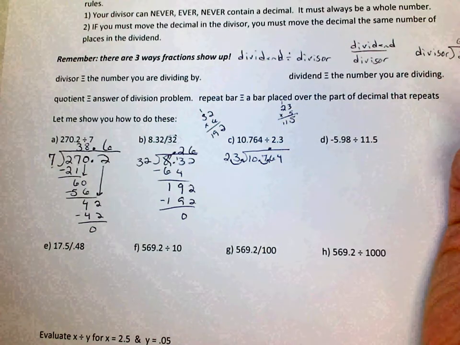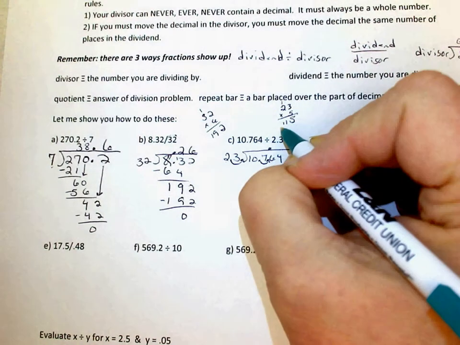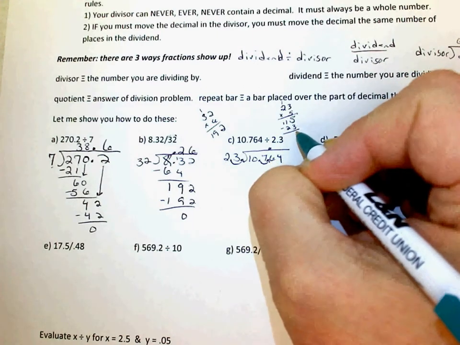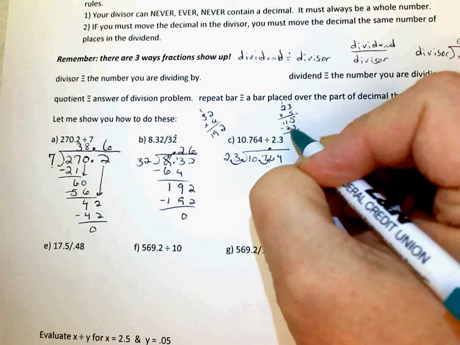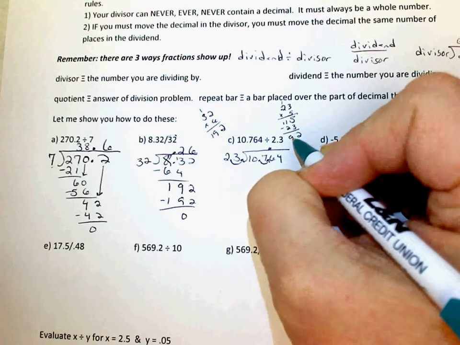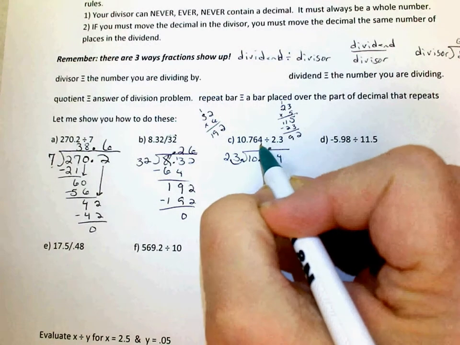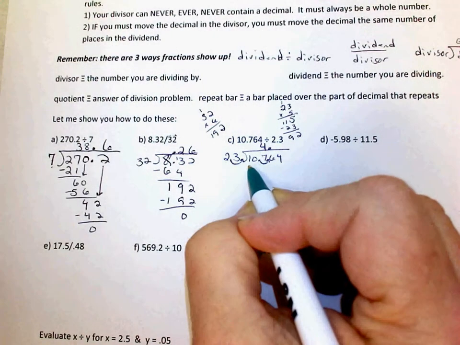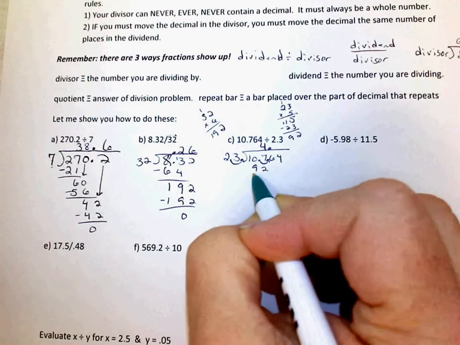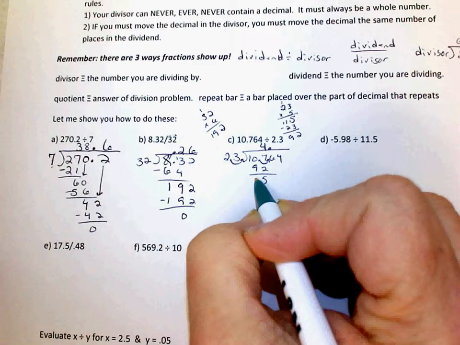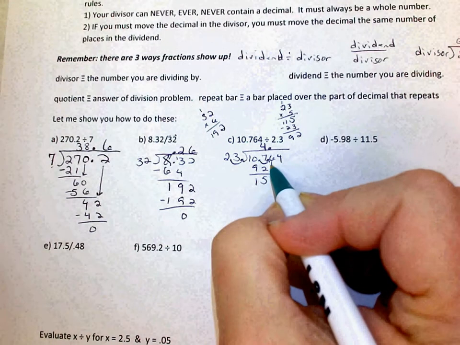Whoops, that's too big. So I've got to subtract 23. 5 minus 3 is 2. 11 minus 2 is 9. So instead of 5 times, it will go 4 times. And we subtract 92. So 7 minus 2 is 5. 10 minus 9 is 1. Carry down our 6.